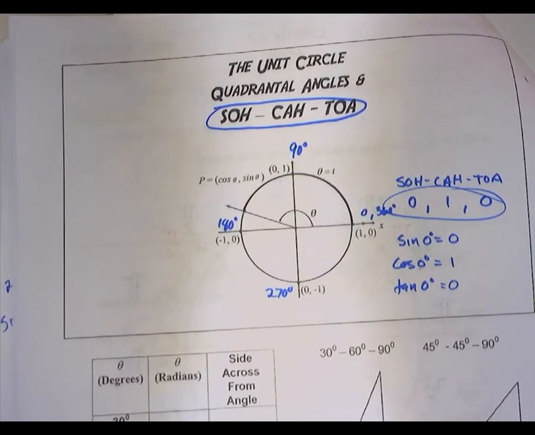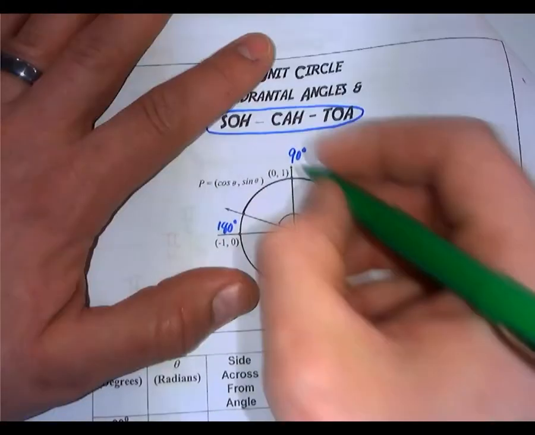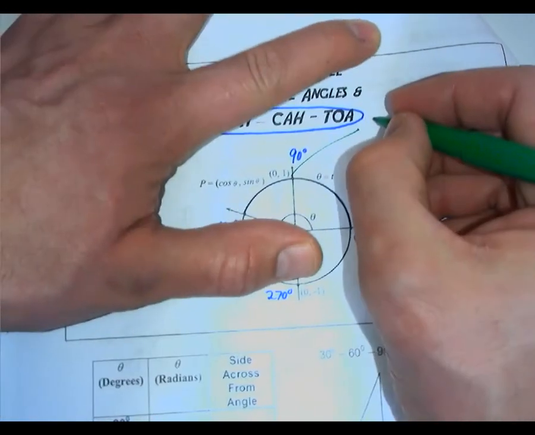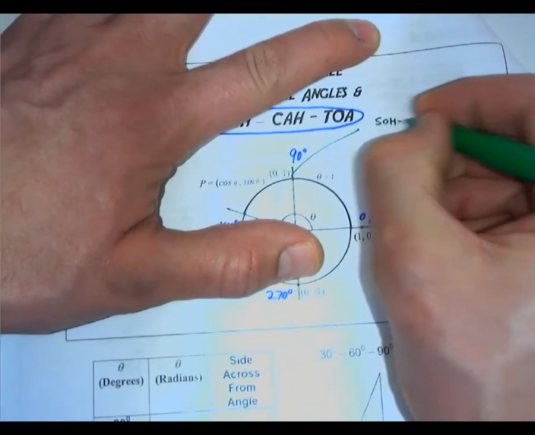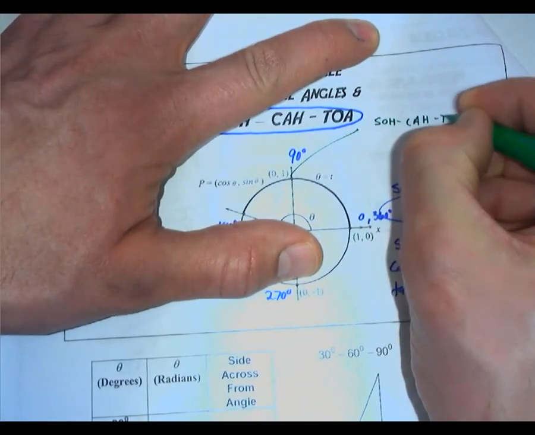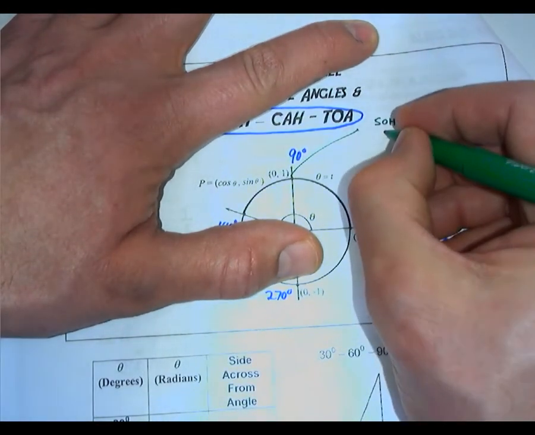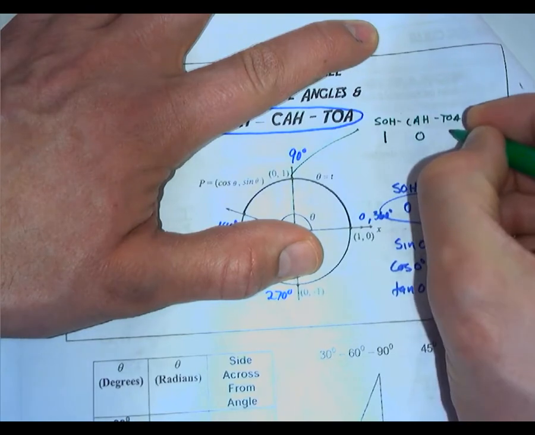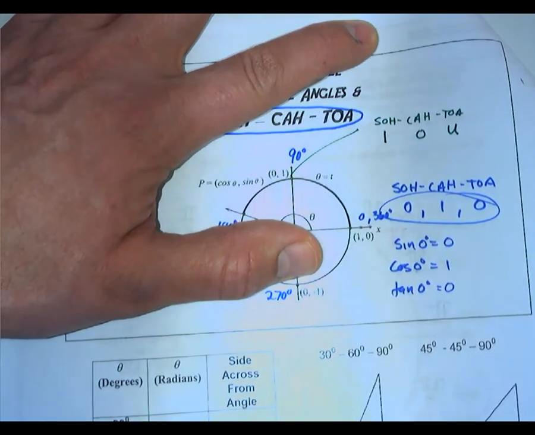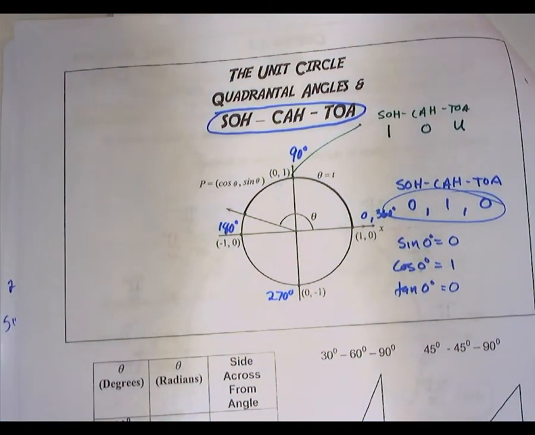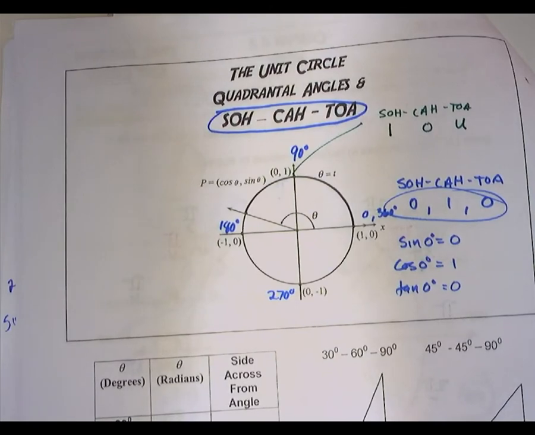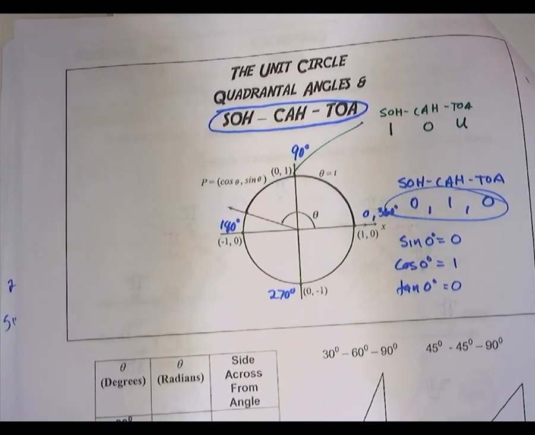Okay? So up here, at 90 degrees, again in terms of SOHCAHTOA, the numbers I remember here are 1, 0, and U, where U is referring to undefined. When you start looking at graphs for tangent, you'll actually see those vertical lines that your graph gets closer and closer to, but will never touch. You guys remember what those are called?